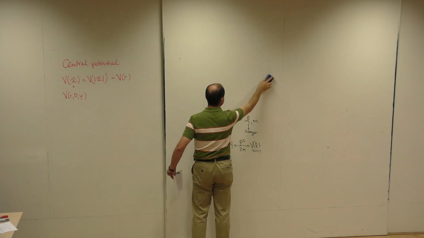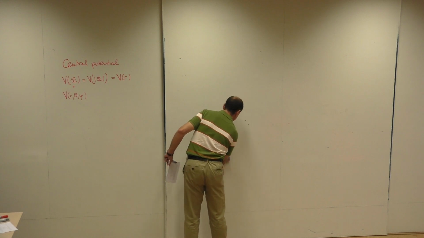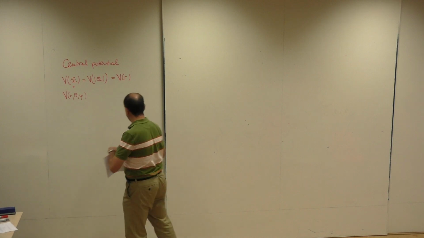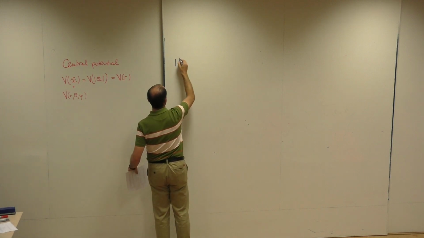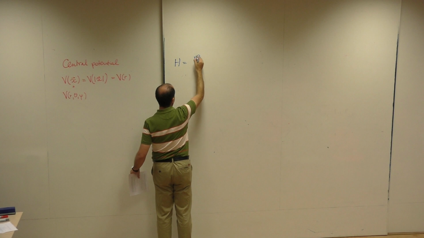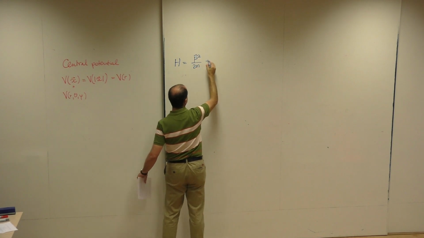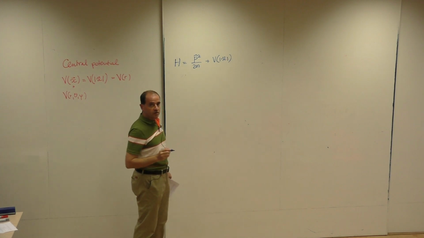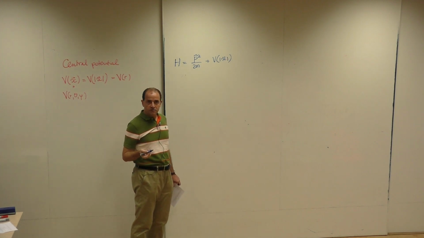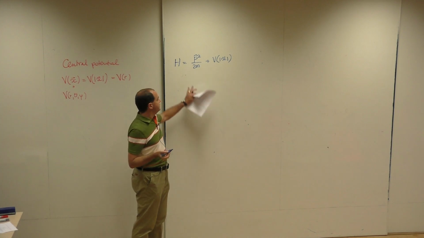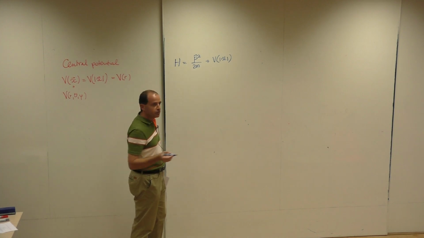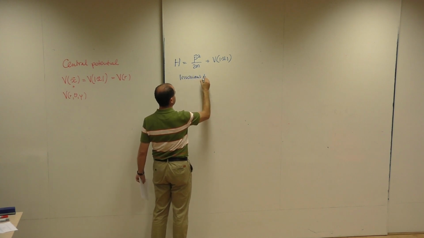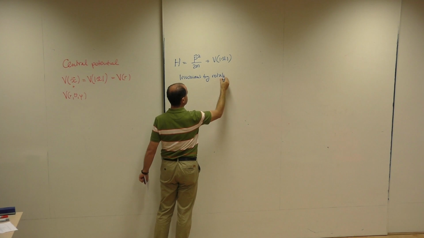And let me rewrite the Hamiltonian for a central potential. H equal to p squared over 2m plus V of x. Now, without calculation, it's manifest that this Hamiltonian is invariant by rotation. Why?